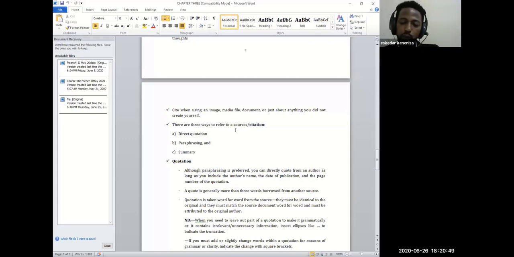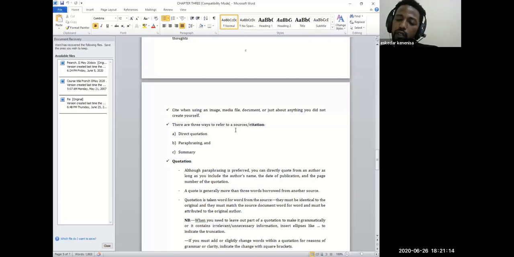You can take quotations from others' work. However, the only issue is you have to include the author's name, the date of publication of the material that you are using, and the page number.